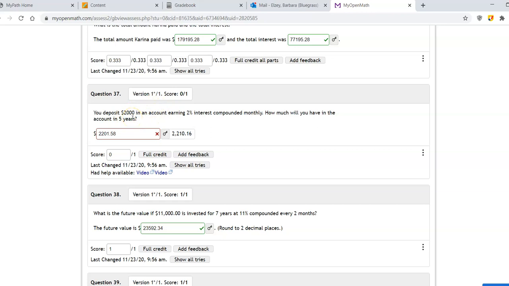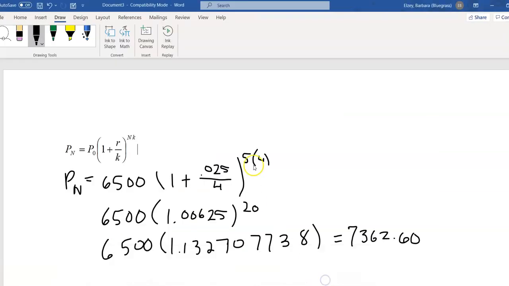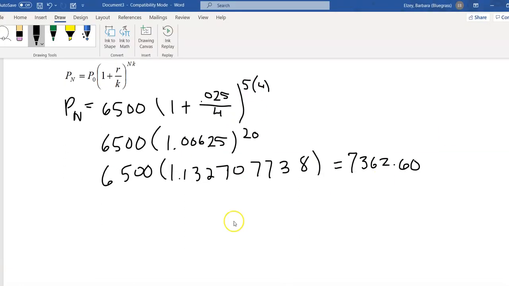So we've got 2,000, 2%. Monthly will be 12 times per year for 5 years. And you're close again, but somehow getting off in your calculations. So let me just use the same sheet here, since we're using the same formula. And we'll have P sub 0 in this case will be 2,000.